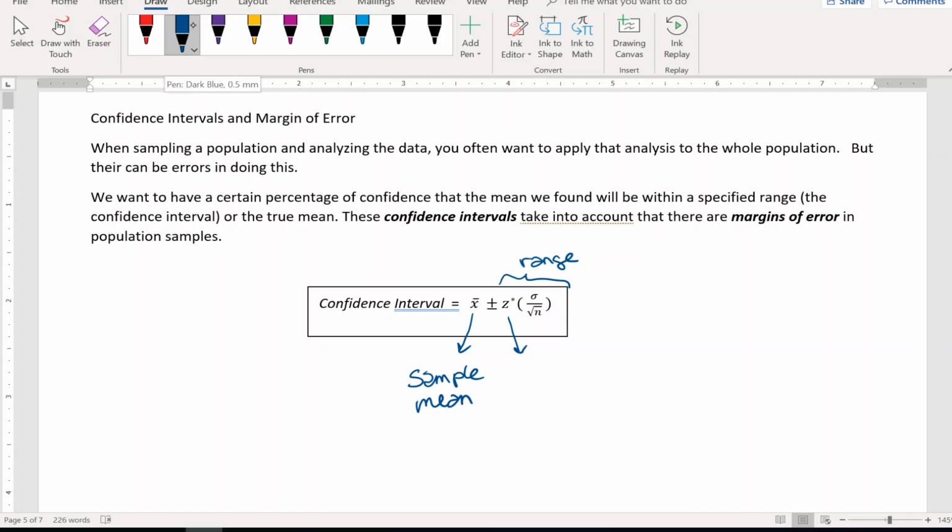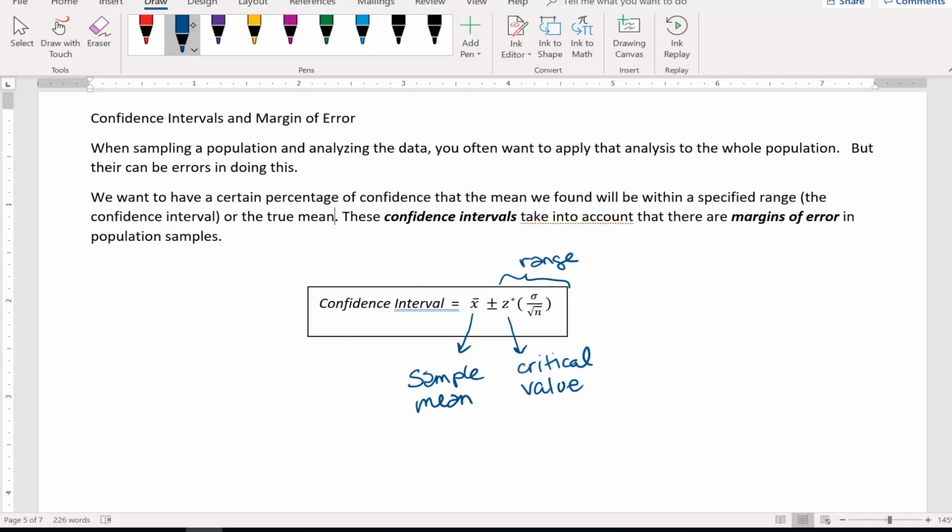This Z with a star on top of it is called a critical value. Now, typically when you're looking at an entire population, you use the Z values, Z tables they're called. And when you're looking at a sample population, you calculate something called a T value.